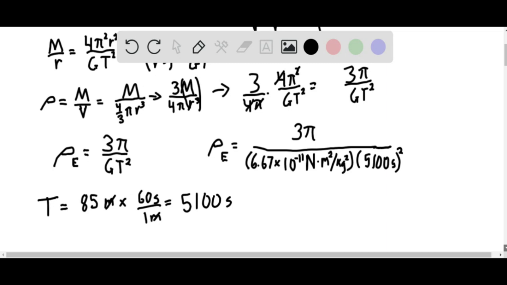When we do the math and calculate our way through this equation, we get a value of 5,433 kilograms per cubic meter for Earth's density, which is only about 1.5% off of the actual value for Earth's density of 5,515 kilograms per cubic meter.